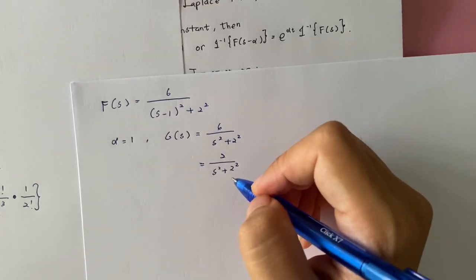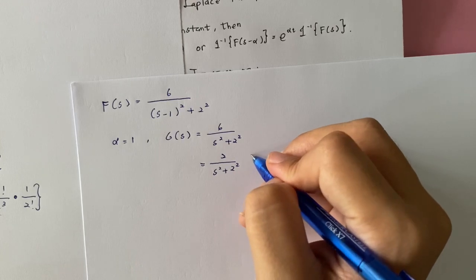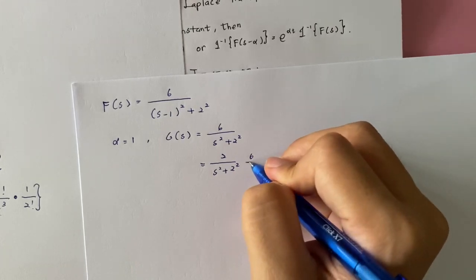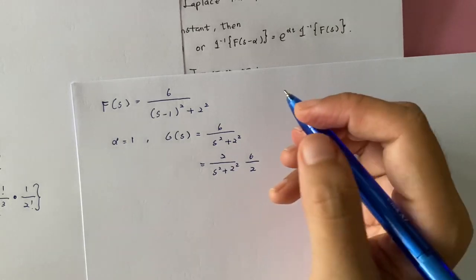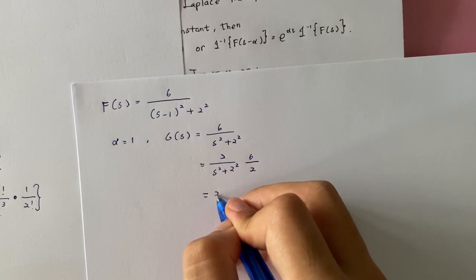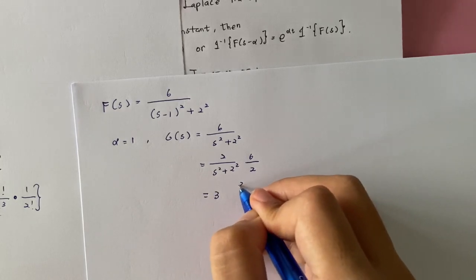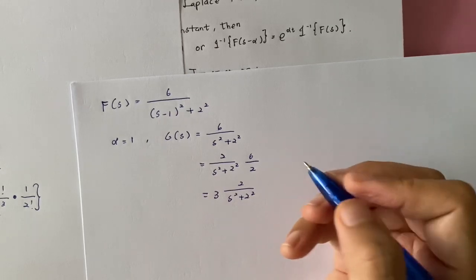So this is sine 2t, but you have 6, and then you need to divide by 2. Okay, so this is 2 over s square plus 2 square.